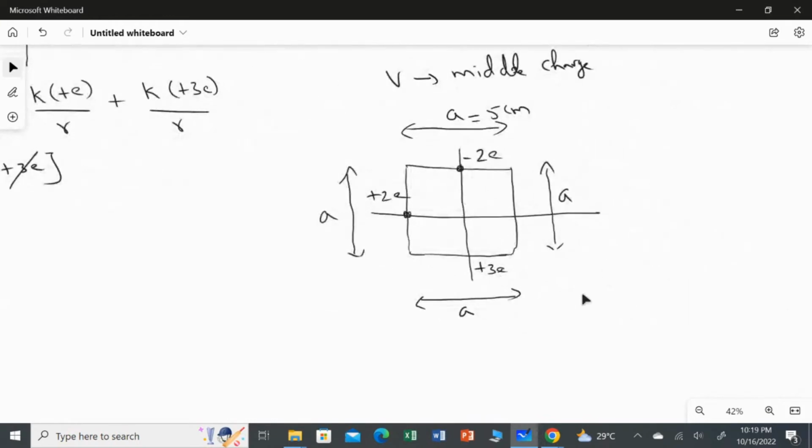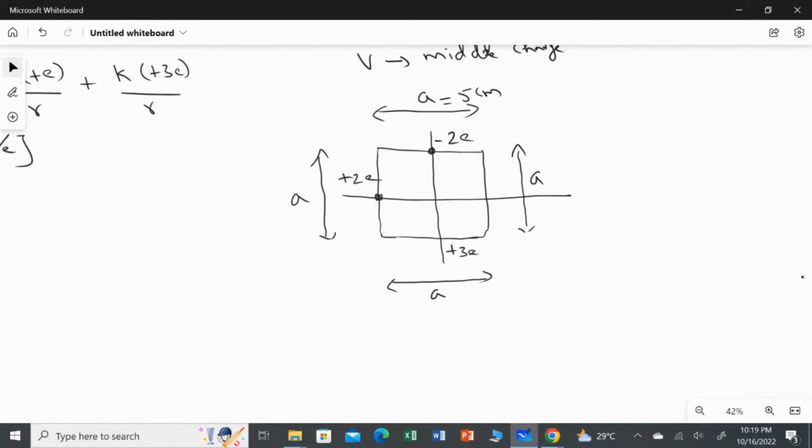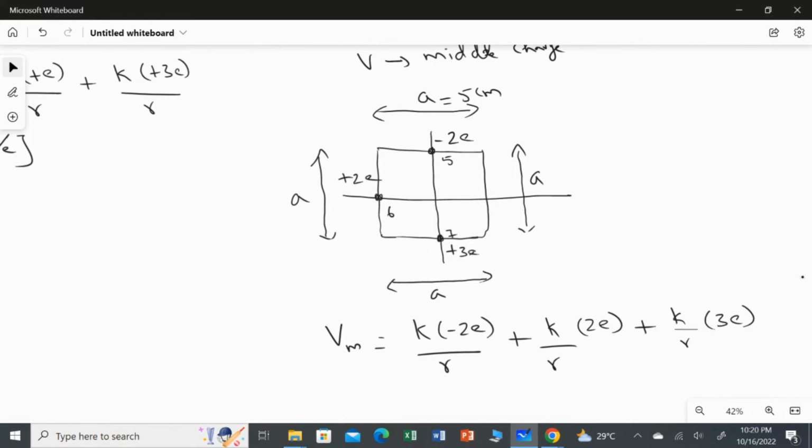Likewise, I'm going to find the potential for the middle charges, which is equal to K. Let's take this as my fifth charge, this is my sixth charge, this is my seventh charge. Clear? K times minus 2E over R plus K over R multiplied by 2E plus K over R multiplied by 3E.